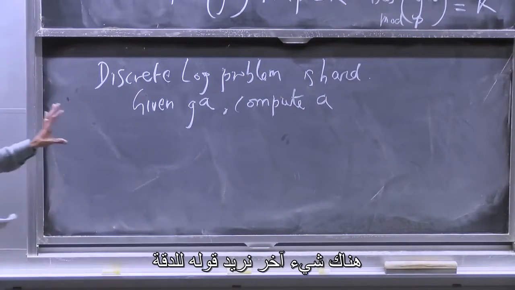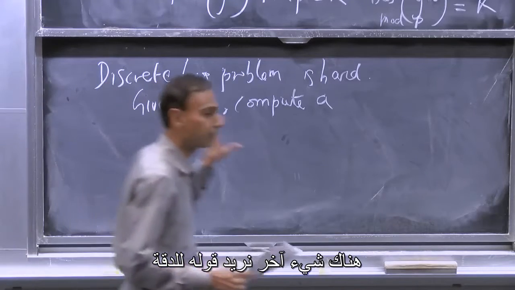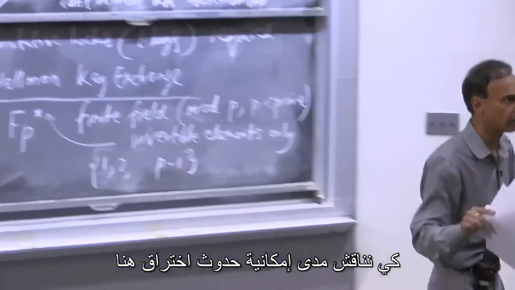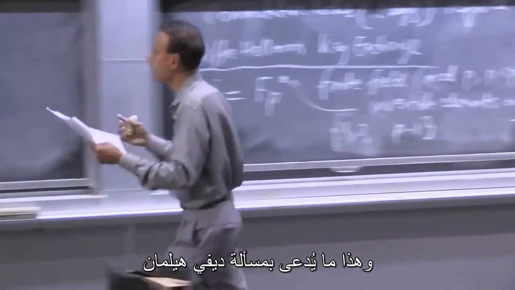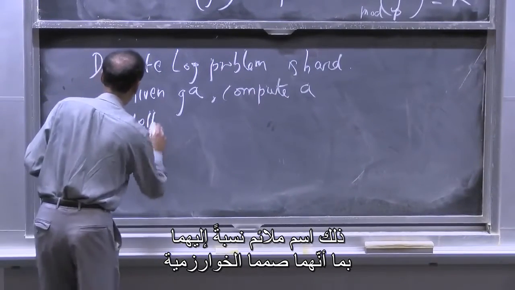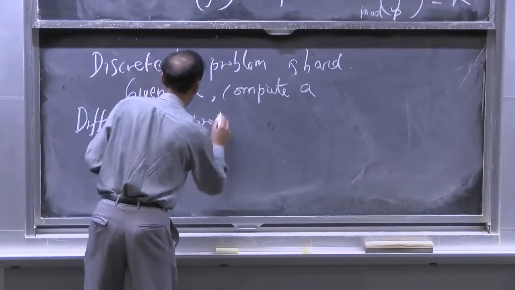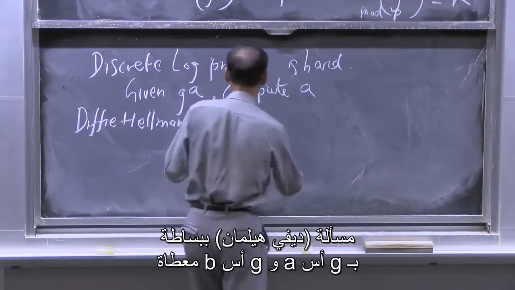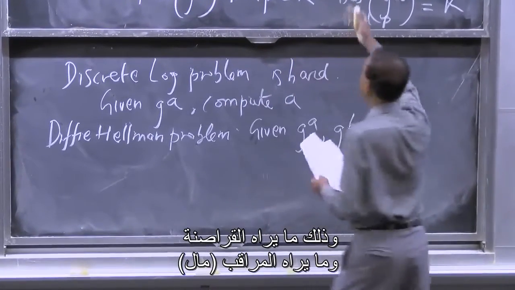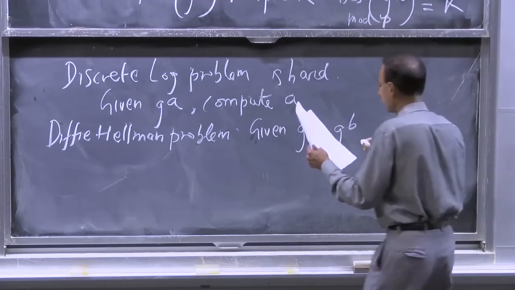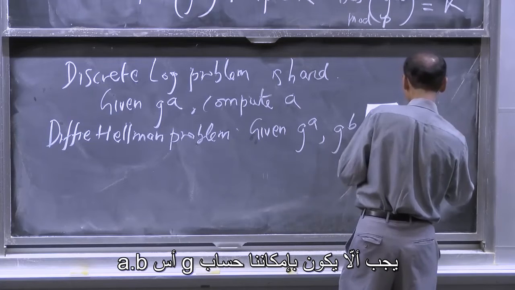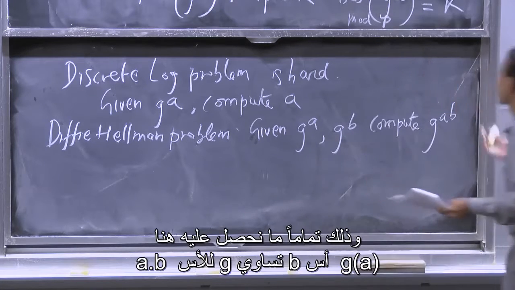There's one other thing that you want to say, to be precise, to sort of just cover the spectrum with respect to how this could break. And that is what's called the Diffie-Hellman problem, for lack of a better name, and since these were the folks who first came up with it. And the Diffie-Hellman problem is simply that given G^A and G^B, which is what the pirates see and what the adversary Mal sees, we should not be able to compute G^(A*B), which is exactly what we get here.